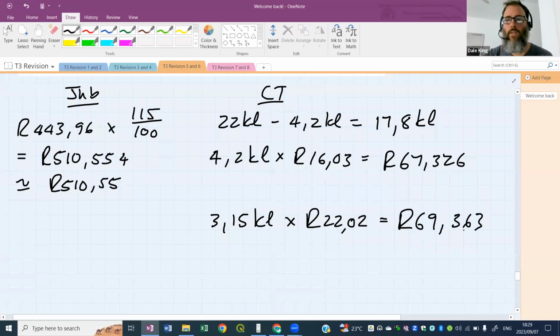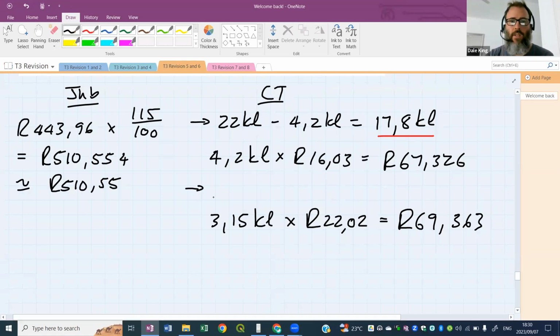69.363. How much water do I have left still to go? Well, you already put in 11.55, and they're asking for 22, so it would be 10.45 left. Yeah, so you can see here, I did that first calculation to say I've got 17.8 after I took the 4.2 off.